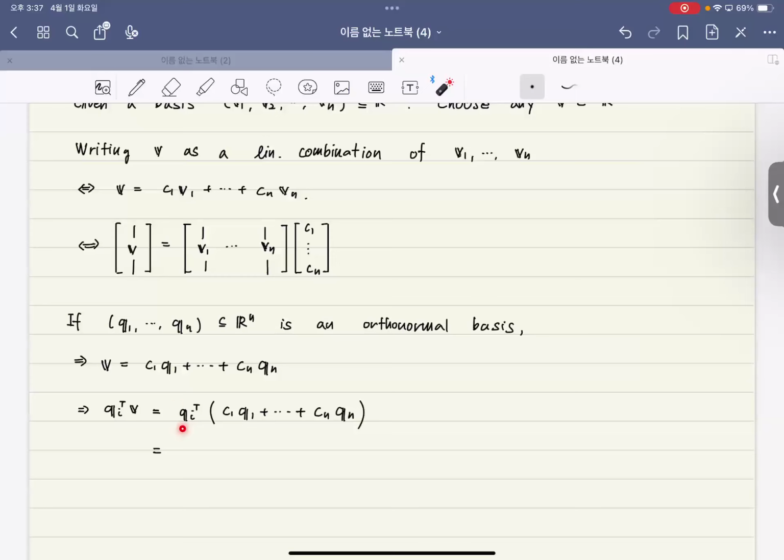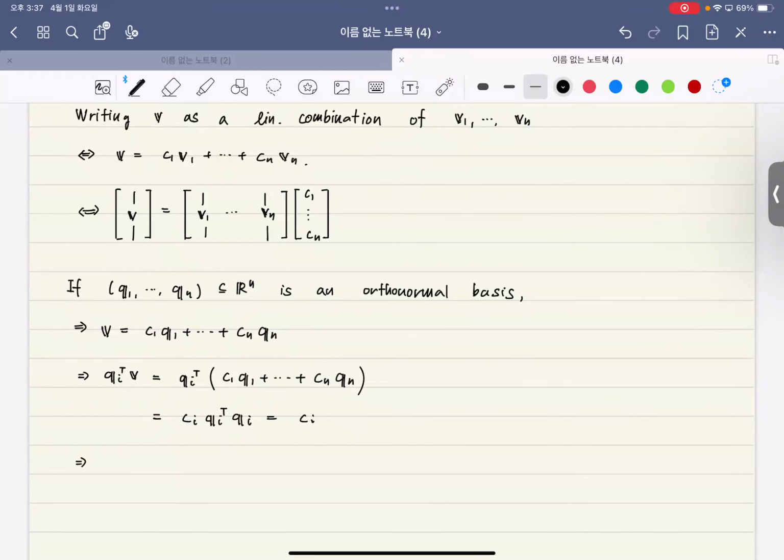Because of linearity, everything goes to 0 except the ith term, Qi transpose Qi, and the length of each of these basis vectors is 1, so this is Ci.